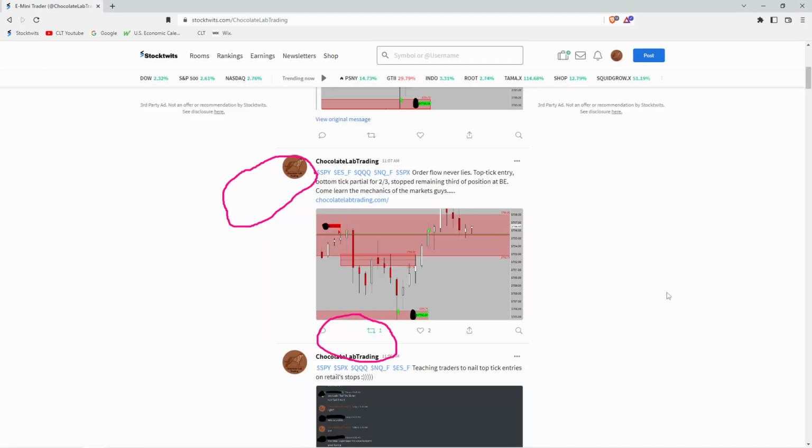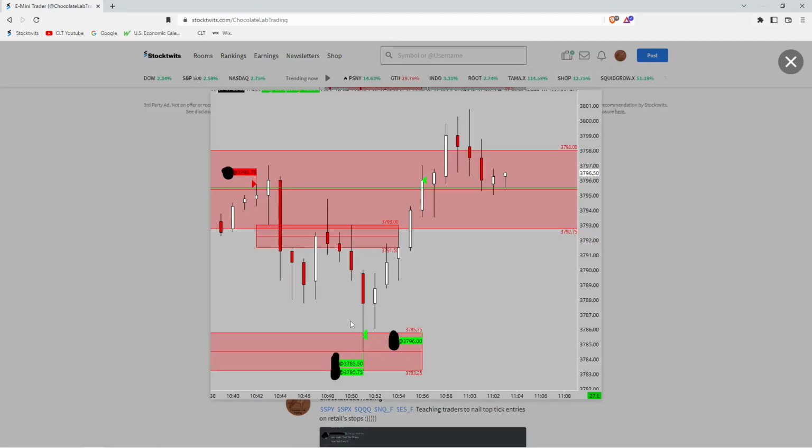And I'll go back. Did I have it here? Okay, so I guess I cut it out. But using the order flow, we saw that buyers were defending over here. What is over here? Remember those previous sellers we saw nodes? They got ran over.